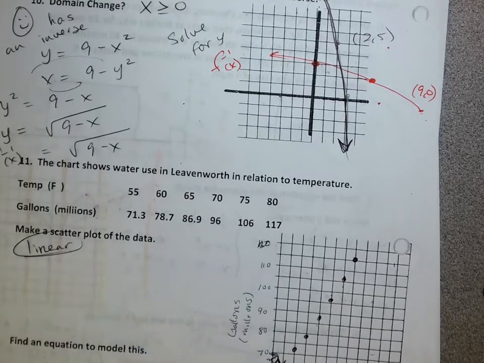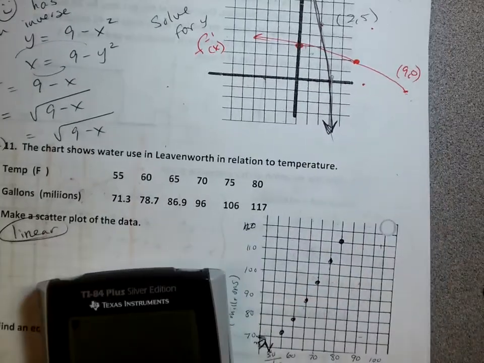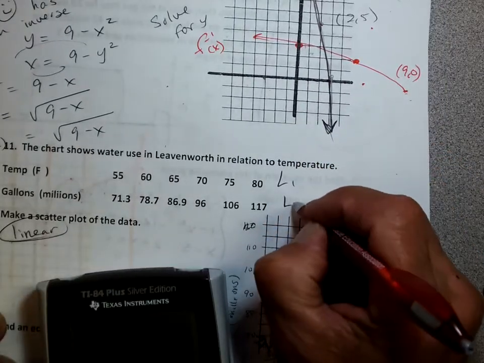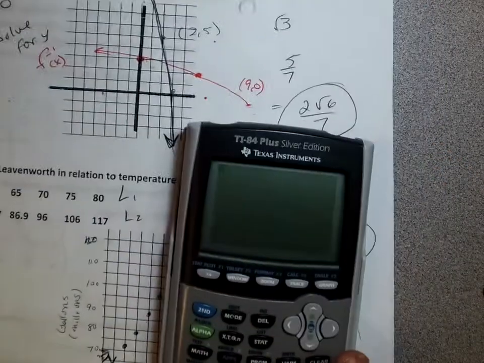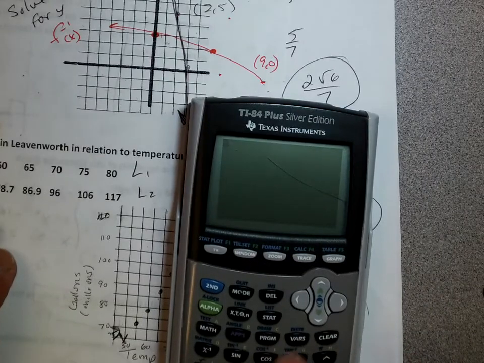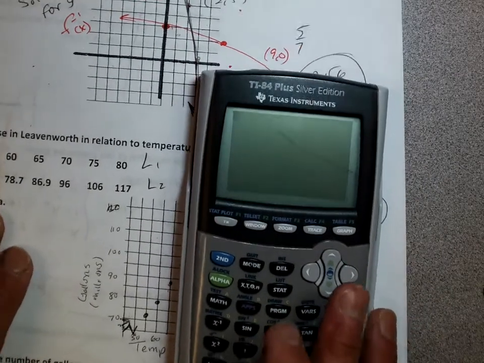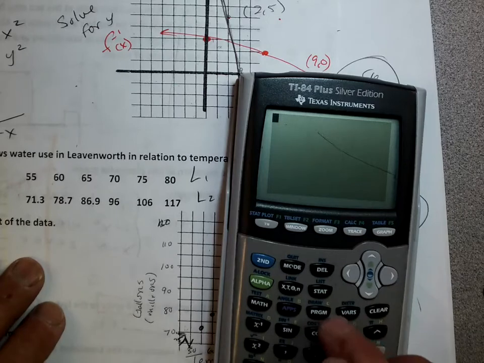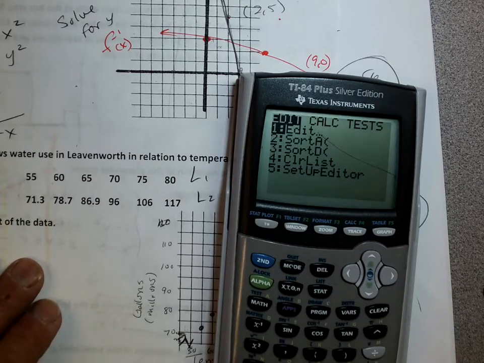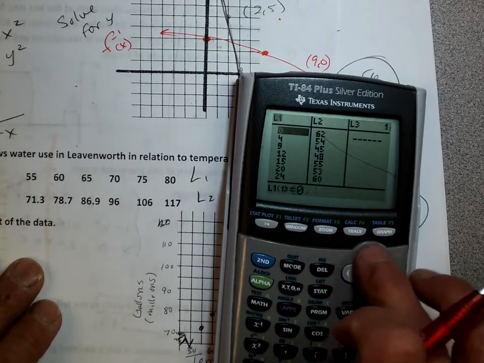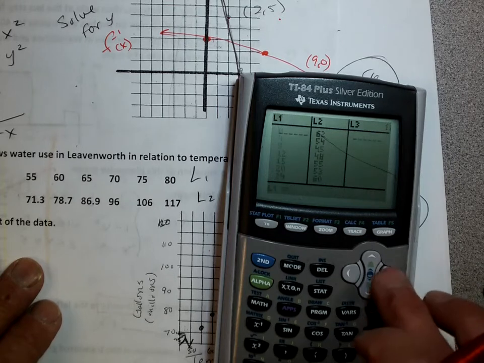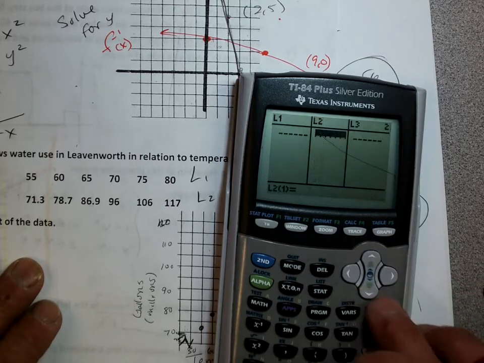So I'm going to use my calculator in the stat plot. Remember how we did that? Okay, so I'm going to go to list 1. I'll let that be L1, L2, right? So we'll go to stat, edit, clear.